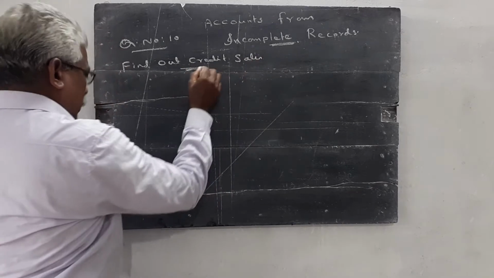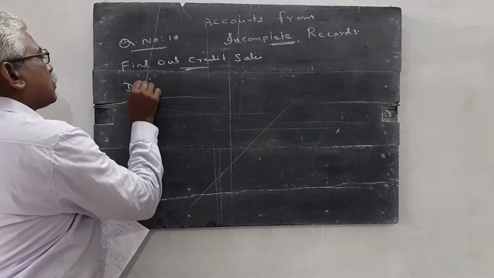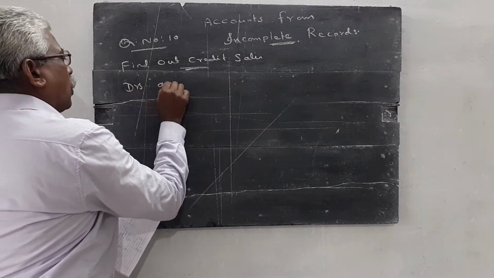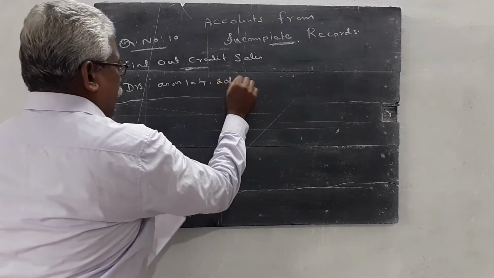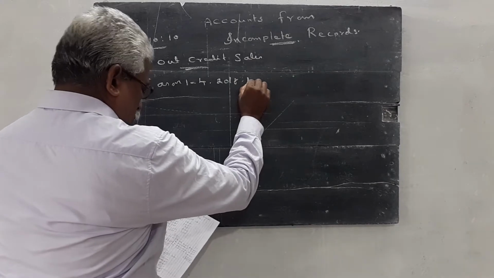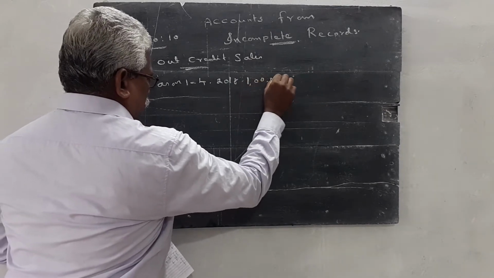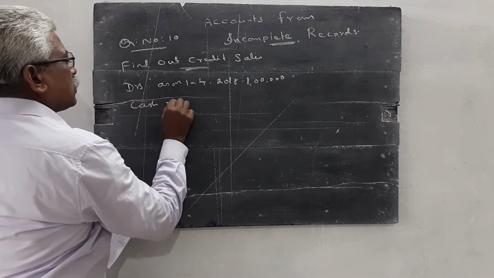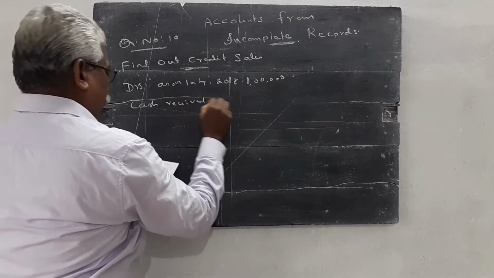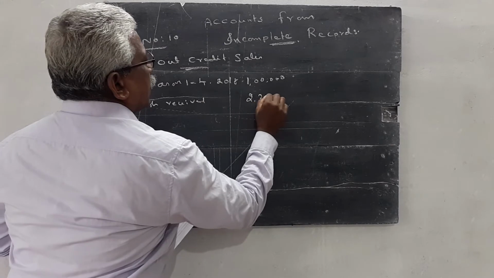This is the question. Debtors as on 1/4/2018, rupees 1 lakh. Cash received from debtors, 2,30,000.